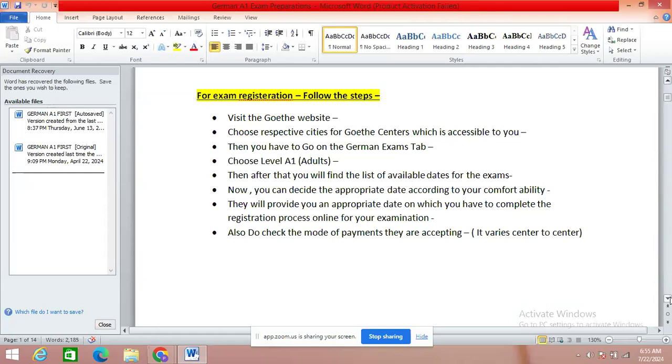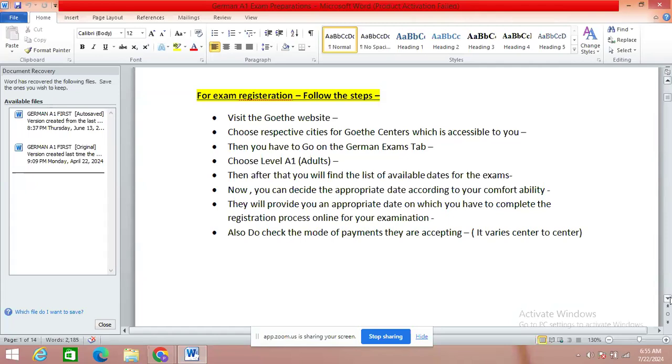In that Delhi Center Goethe, they will show up a page, and you are going to get a tab which is German exams. You have to click that, and then choose level A1 for adults. After that, you will find the list of available dates for that examination. They will show you for the A1 level adults what possible dates we have. We then need to decide the appropriate date according to our comfort.